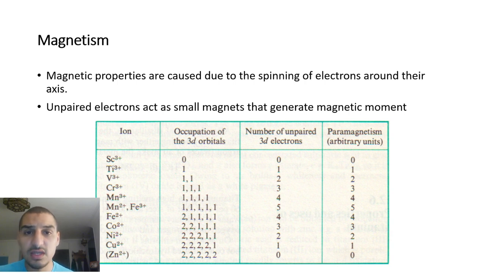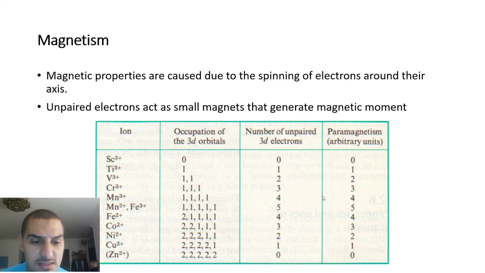Each electron rotates around its axis either clockwise or counterclockwise, and this spinning will generate magnetic force, acting like a very, very small micromagnet. And we'll see in this table that as the unpaired electrons in the d subshell increase, the magnetic properties increase.